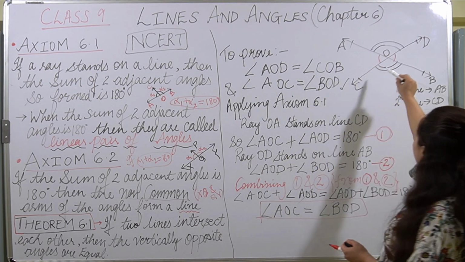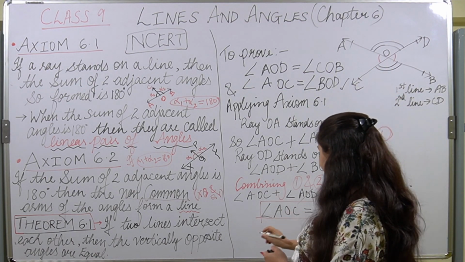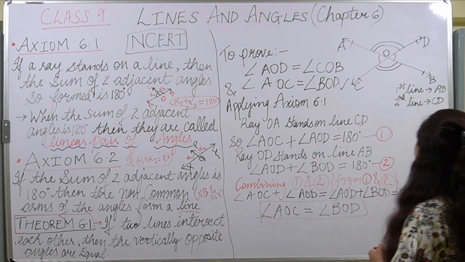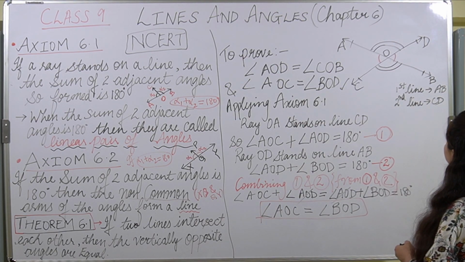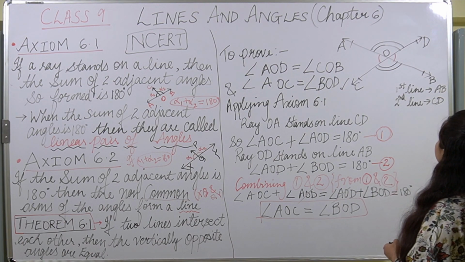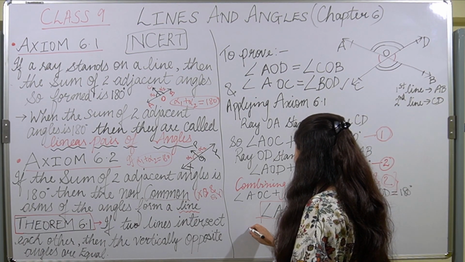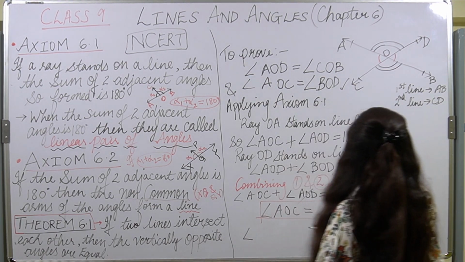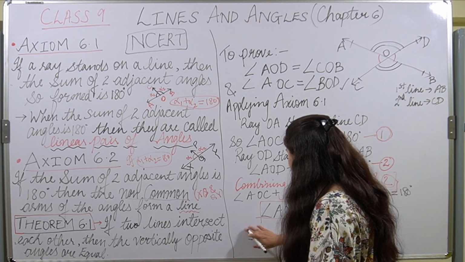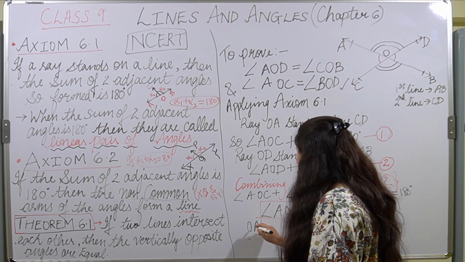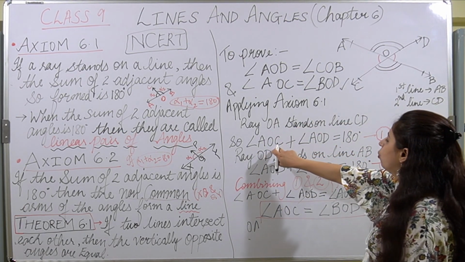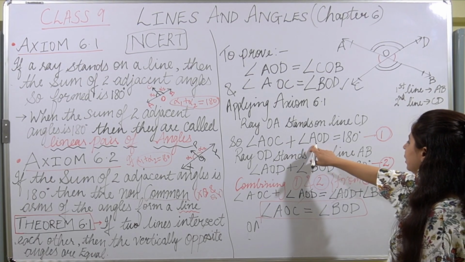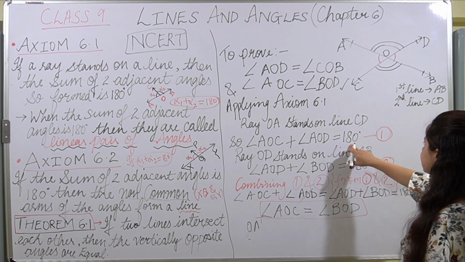OA and OC. If I take the ray OA, then what will I be getting? Similarly, OA stands on the line, so I will again get angle OAC plus angle AOD equals 180 degrees.